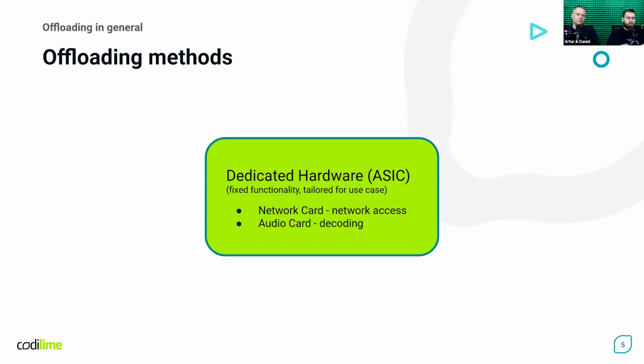We can use ASICs, which are dedicated hardware tailored for a specific use case, and which give us the best possible performance. Such a use case can be, for example, a classic network card. It handles the physical connection with a medium, with a cable, but can also include an acceleration part, for example for network protocols like VLAN or MPLS.